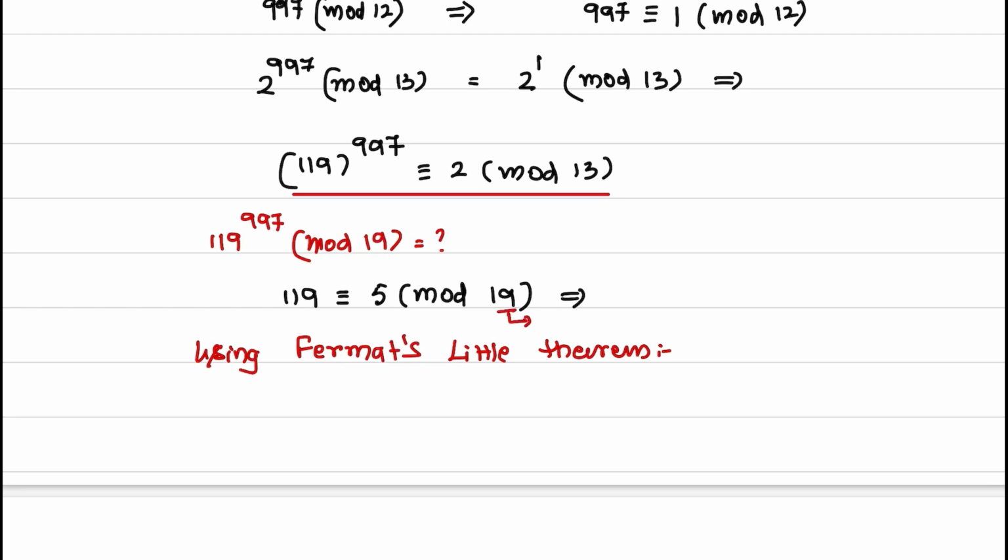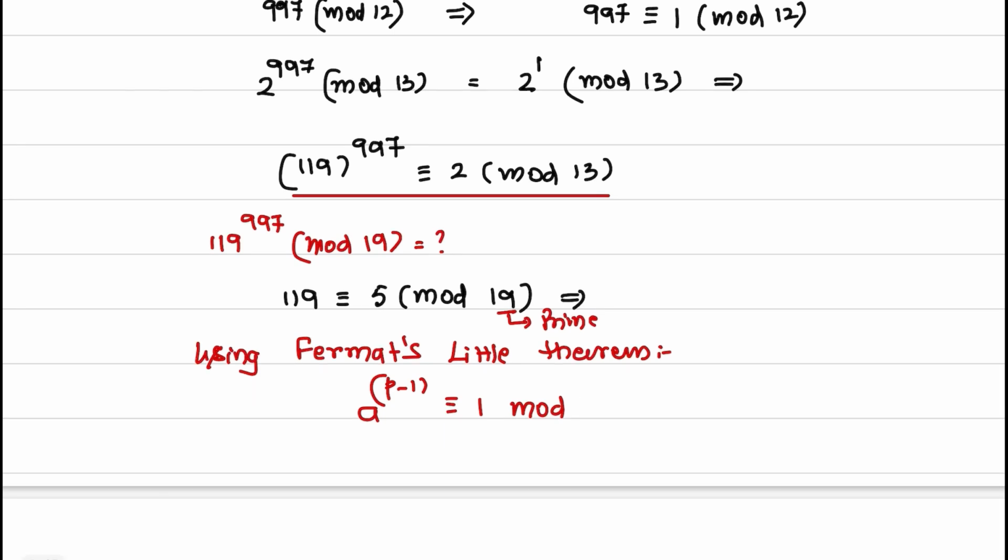This is a prime. For a prime p, a to the power of p minus 1 is equivalent to 1 mod p. This is Fermat's theorem.